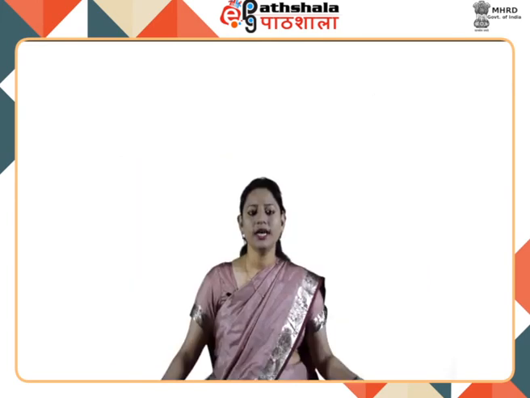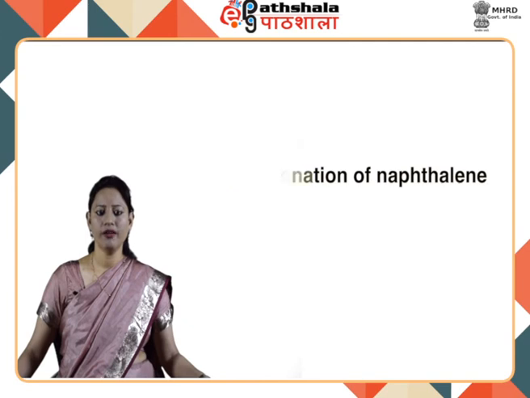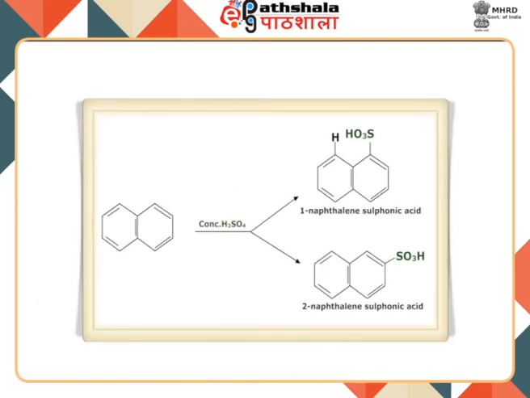Now let us see another example which involves formation of both kinetic and thermodynamic products. It is the sulfonation of naphthalene. Naphthalene on sulfonation with concentrated sulfuric acid gives 1-naphthalenesulfonic acid and 2-naphthalenesulfonic acid under different conditions.